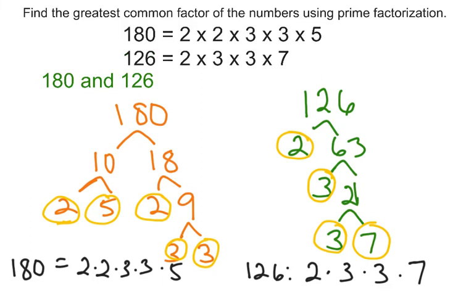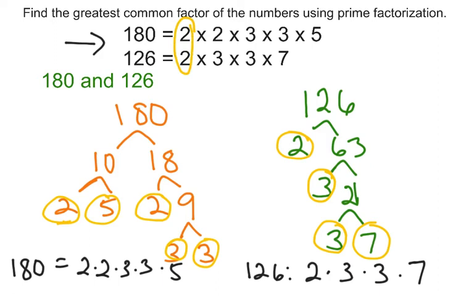So I've copied this slide again so that I could show you printed out nice and neat what each prime factorization looks like. And again, I did that without exponents. So looking at 180 and 126, we have the prime factorizations listed, and so now I just look for common factors. So I have a 2 in both cases.